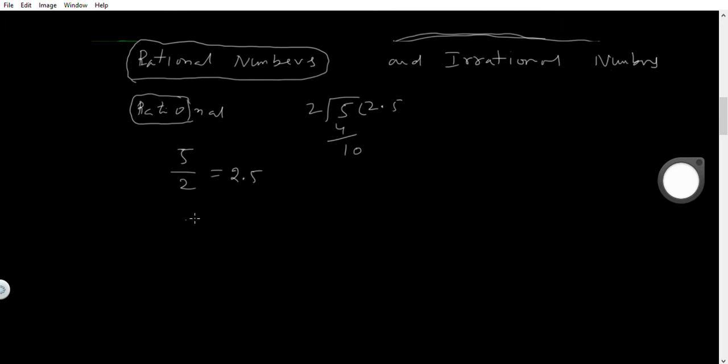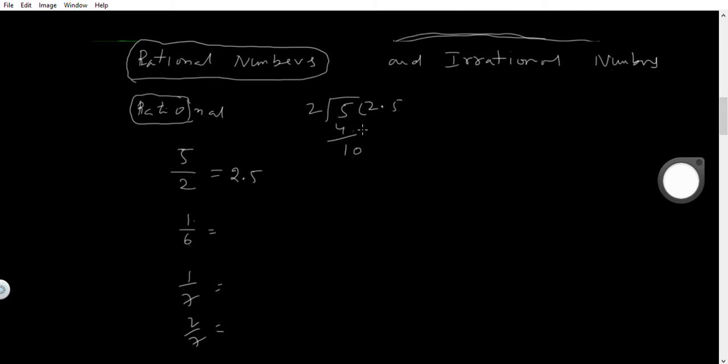If you take some other number like 1 by 6, 1 is an integer and 6 is an integer, and their division is a rational number. In the same manner, we can write 1 by 7, 2 by 7, and so on. These are called rational numbers since the ratio between two integers is a rational number.